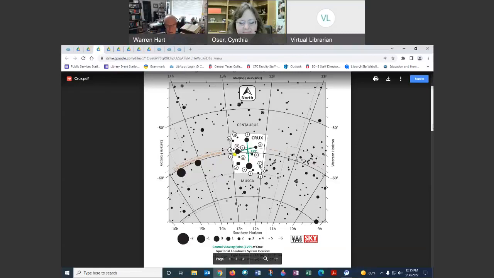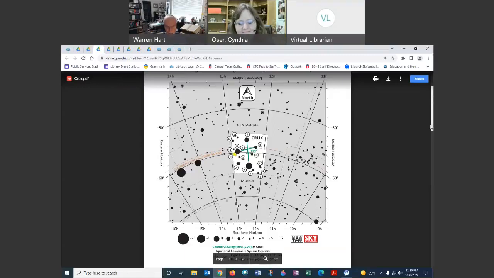We haven't figured out any other way to do it, changing color or whatever, but the larger the black circle, we're saying that is a brighter and brighter star in its magnitude. There they are.